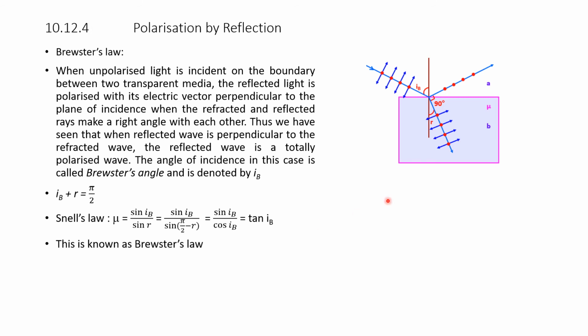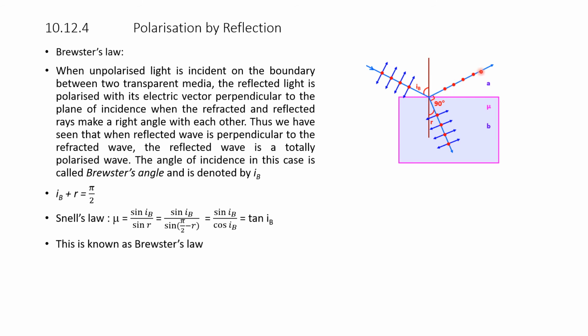Here you see this is an incident wave at an angle i b, that is Brewster's angle. When it is incident at Brewster's angle i b, it has two components. One is the refracted ray, which bends towards the normal, and the other is the reflected ray.